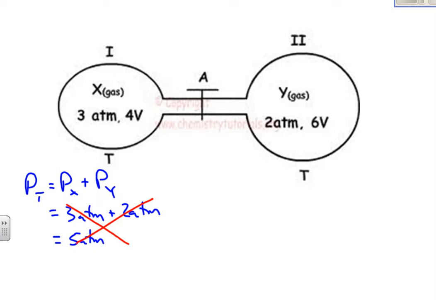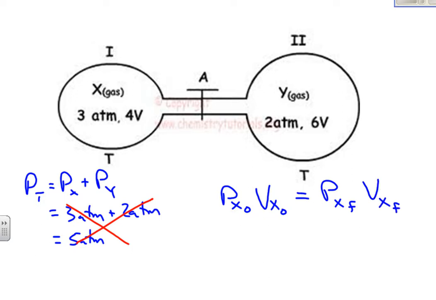So if I look at the pressure of gas X, the pressure of gas X initially and the volume of gas X initially have to be equal to the pressure of gas X at the end times the volume of gas X at the end.